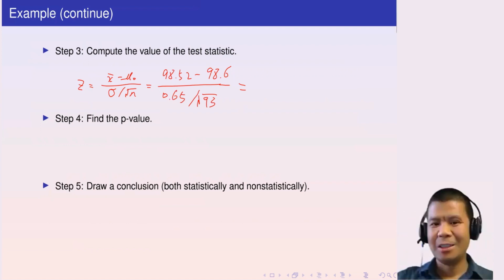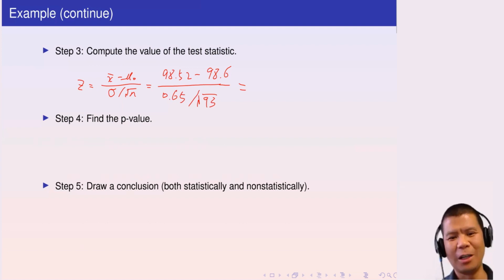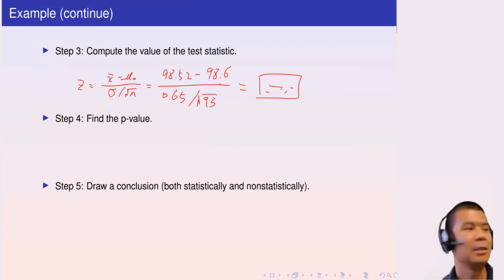I forgot this value, but you can calculate it. Oh gosh, I should calculate this value. Let me get my calculator. This is very important. Let's see if I can find a calculator. Gosh, my calculator is out of power.